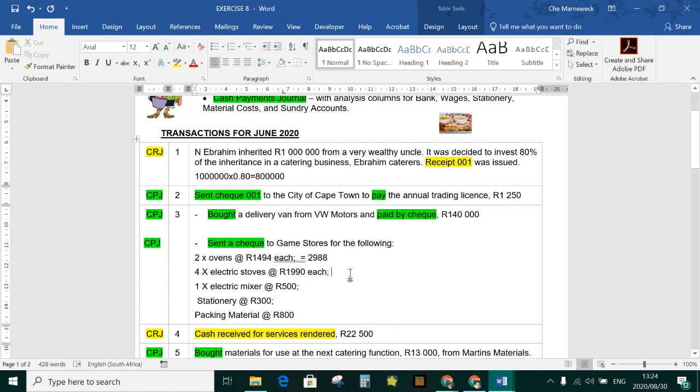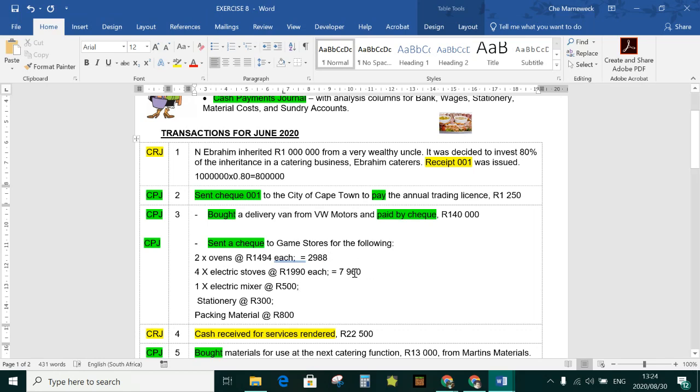You then do a separate calculation, and we're going to say 4 times 1,990 on your calculator, and we get 7,960. 1 mixer at 500 is 500, stationery at 300, packing material at 800.